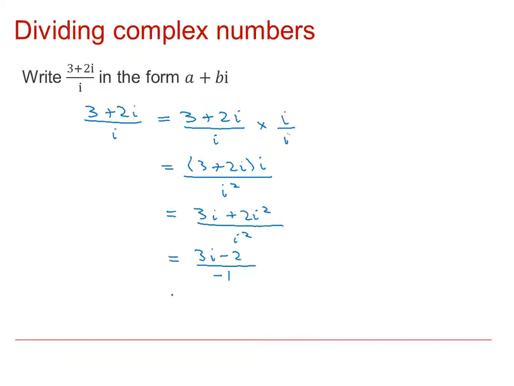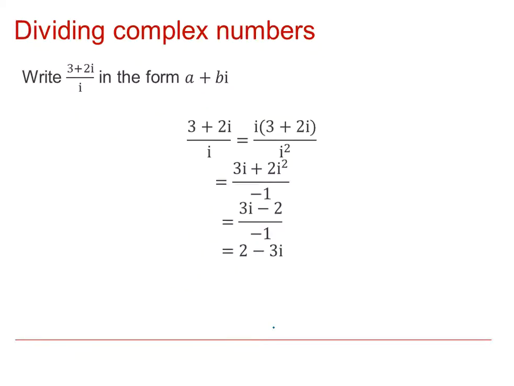If we divide the top by minus 1, it becomes minus 3i plus 2, and you wouldn't normally put the imaginary part in front of the real part. The standard approach is to put the real 2 before the imaginary minus 3i. So we get 2 minus 3i.